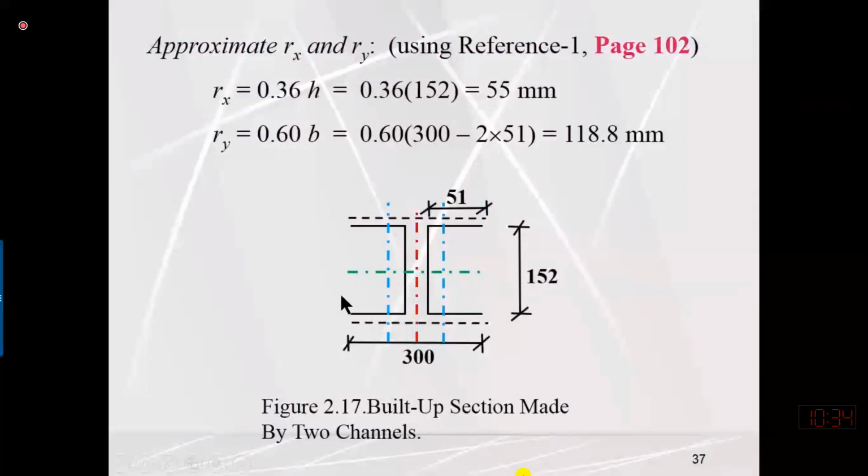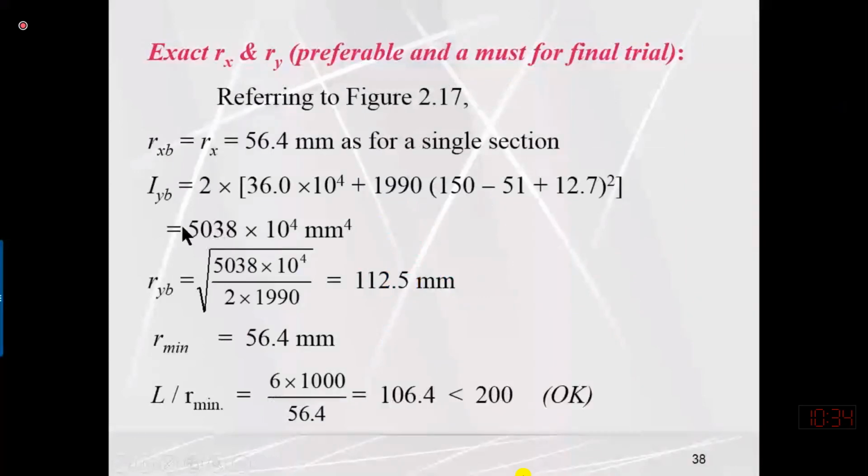So the moment of inertia about the y-axis for the built-up section is 50,038 into exponent 4. So Ryb is equal to Iyb over the area of the built-up section. The area of the built-up section is equal to 2 times the area of a single channel. So Ryb is 112.5.